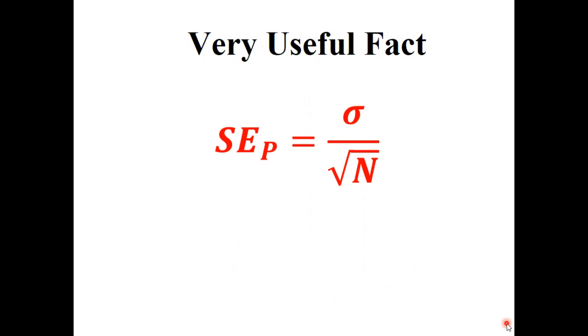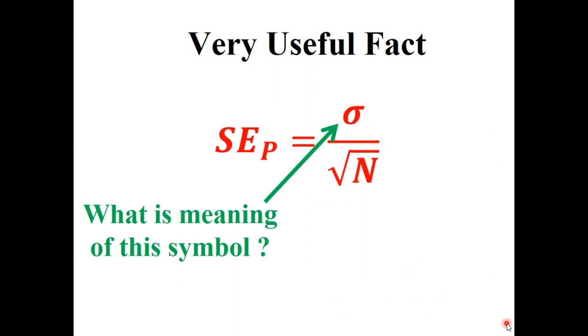Now here's a useful fact about the standard error of p. The standard error of p is equal to sigma divided by the square root of n. Now, I wonder if you can possibly guess what sigma means here. I haven't told you yet, but maybe you have an inkling.